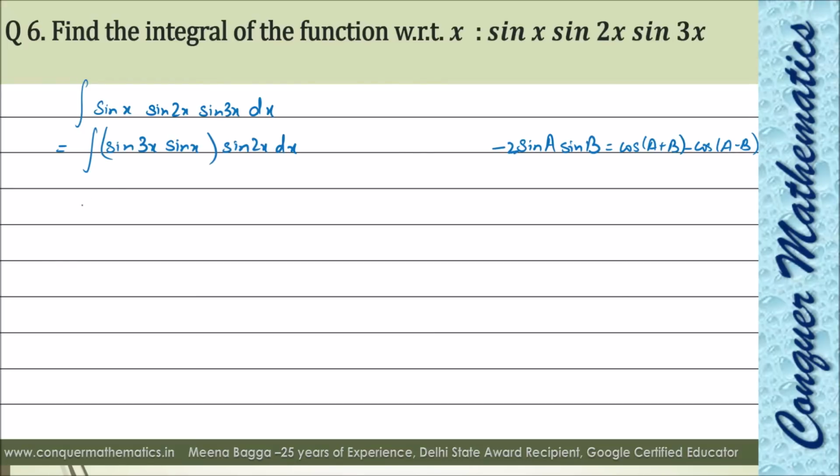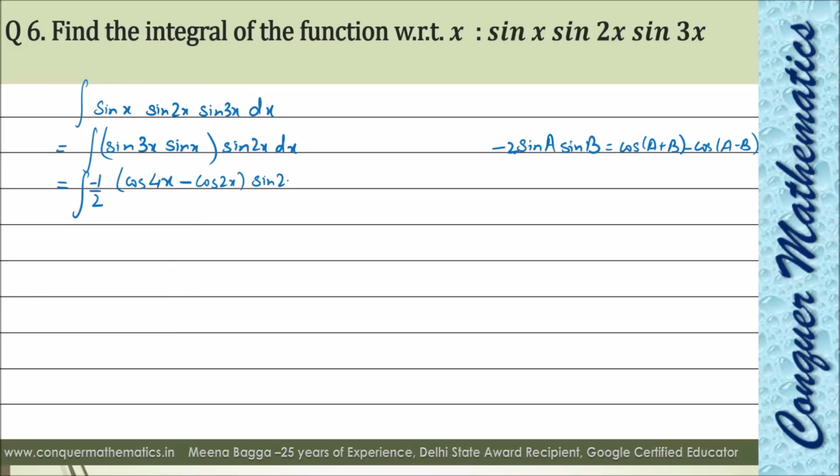So do remember, this would be integral of minus 1 by 2 times cos of 3x plus x, 4x, minus cos of 3x minus x, 2x. Sorry, cos 2x, not only 2x. Cos 2x.